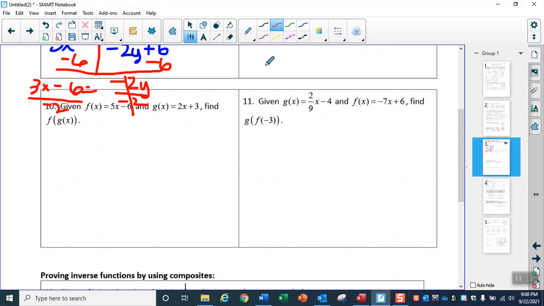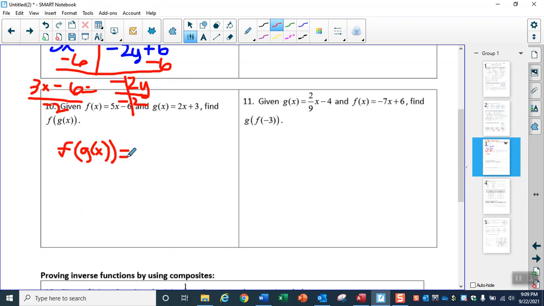And then now number 10, I am going to put g of x inside f. There's no numbers here, so I can't get a number. I'm going to have all x's. So I'm going to start writing f, and then I'm going to put g of x in it. If I say I've got f, and then I'm going to put g of x inside my f function.